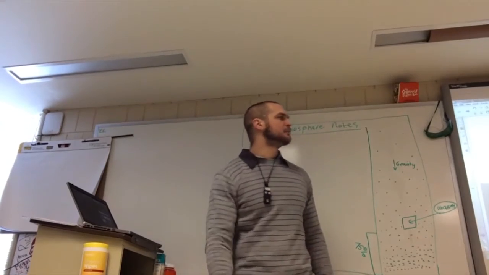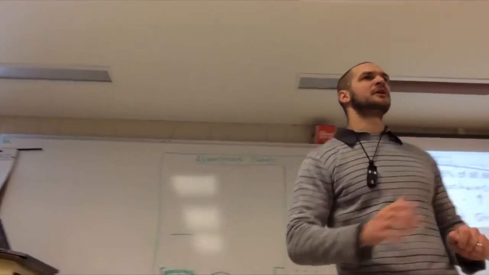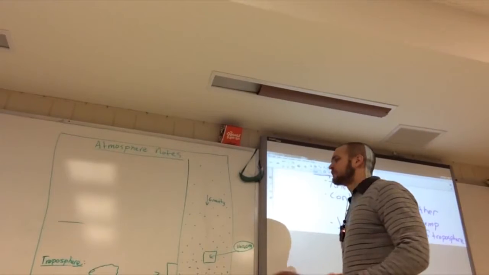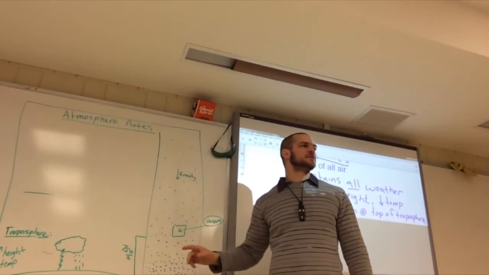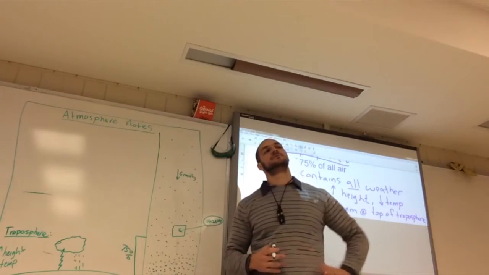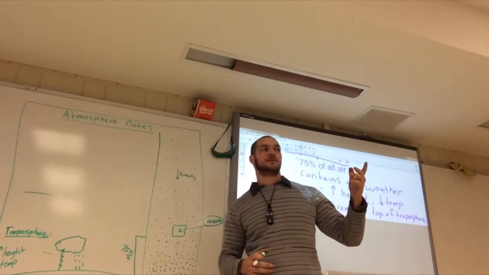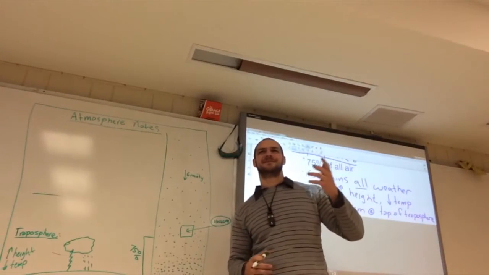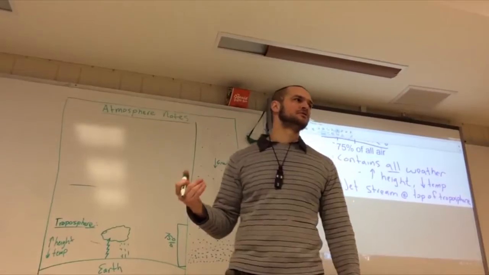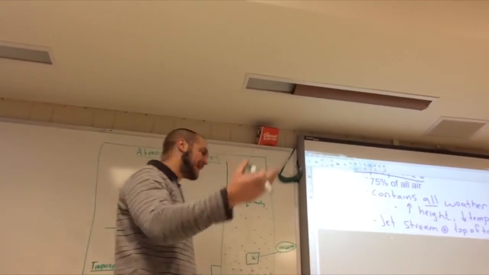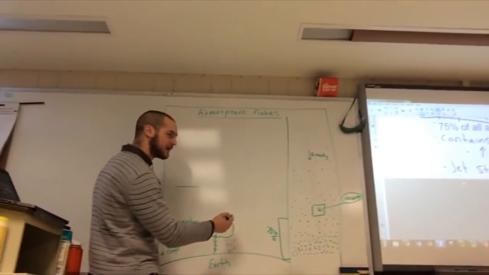Now, at the top of the troposphere is the jet stream. Almost forgot about it. Should we just write top of the troposphere is the jet stream? What should we do? Make like a jet flying. Why do we draw the jet stream? Where should we draw it? At the top of the troposphere. So above the cloud.